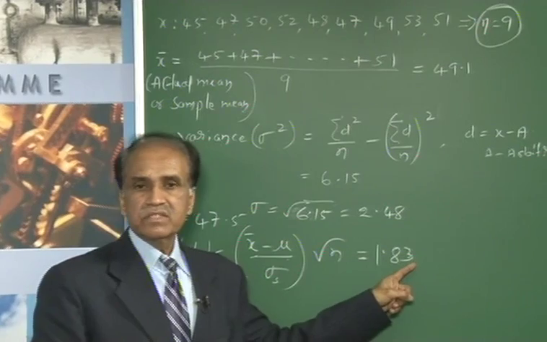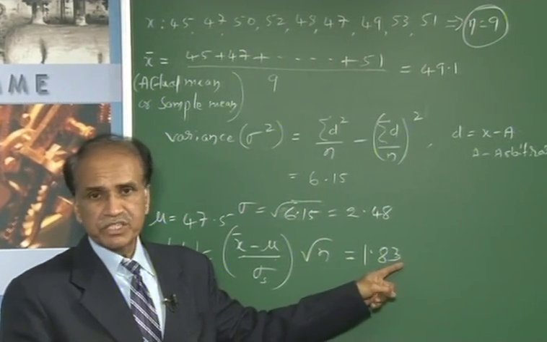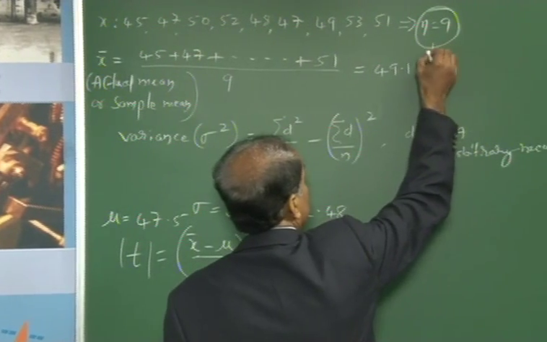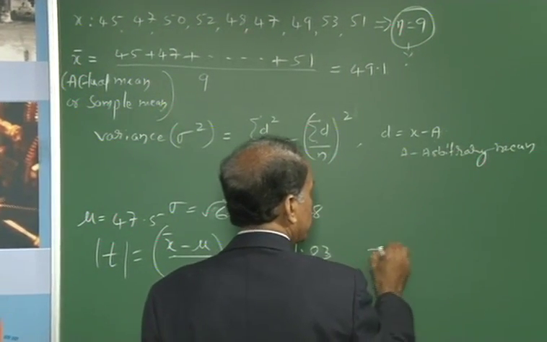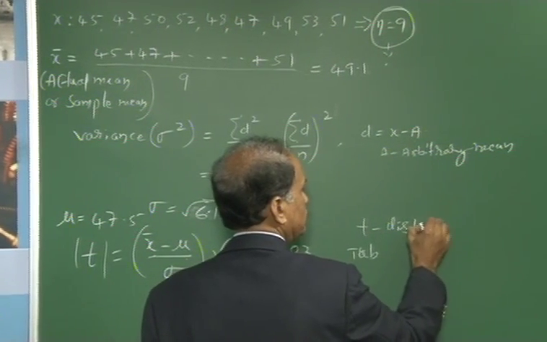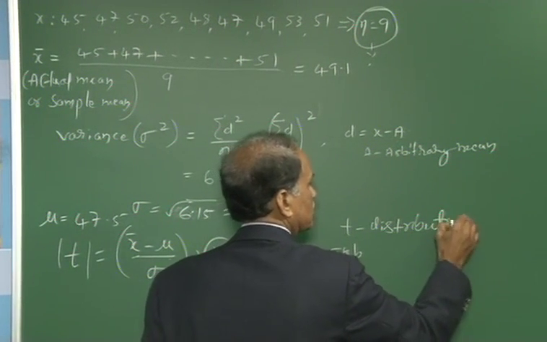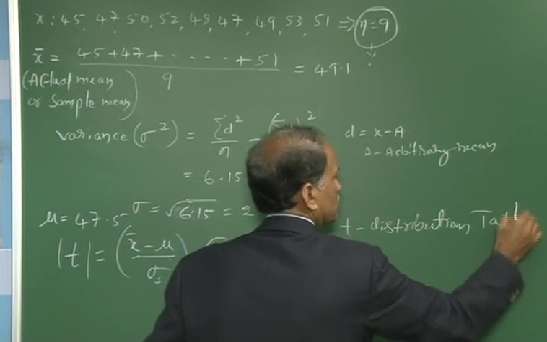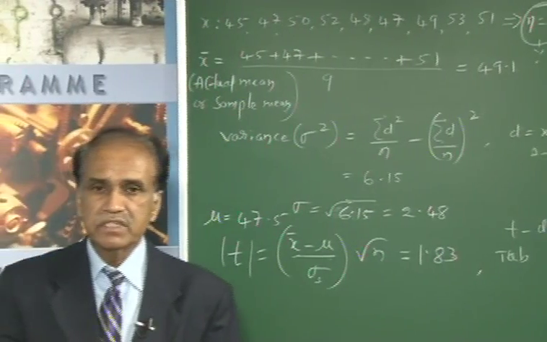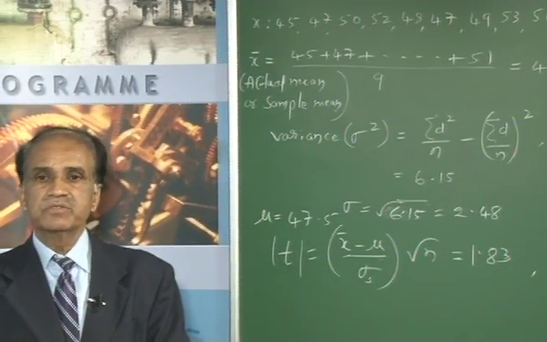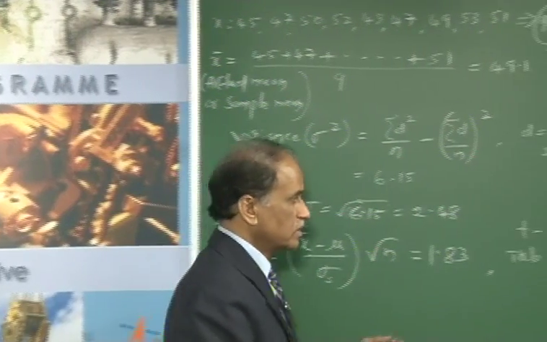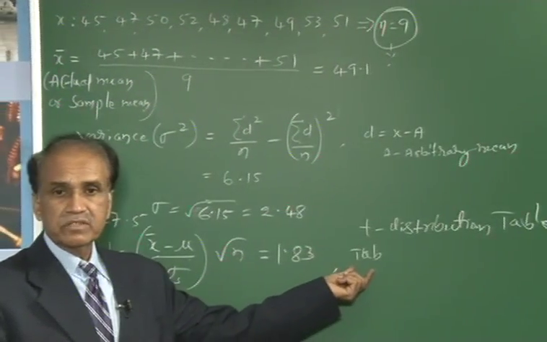What is our discussion from this value, interpretation from this value? You are given totally 9 values, and the table gives the T distribution table. In every textbook, normal distribution, T distribution, chi-square distribution, and F distribution values are given. All these values are given. So just like logarithm table, you can refer.